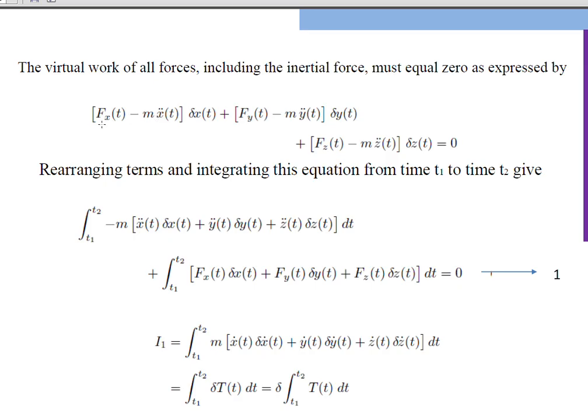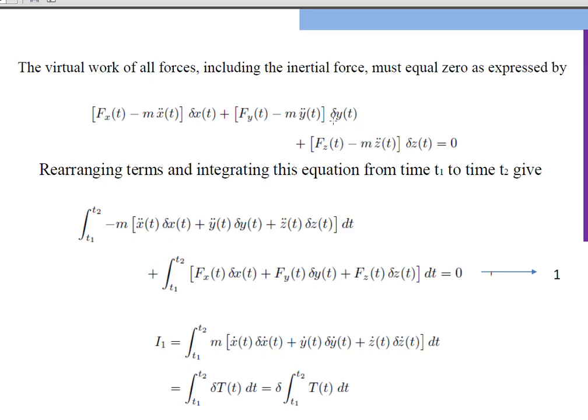In the x direction, there will be a force. Due to this x direction force, an inertial force will be generated in the opposite direction, which is nothing but mass into acceleration in the x direction. The virtual displacement is del x of t. This is the total work done in the x direction.